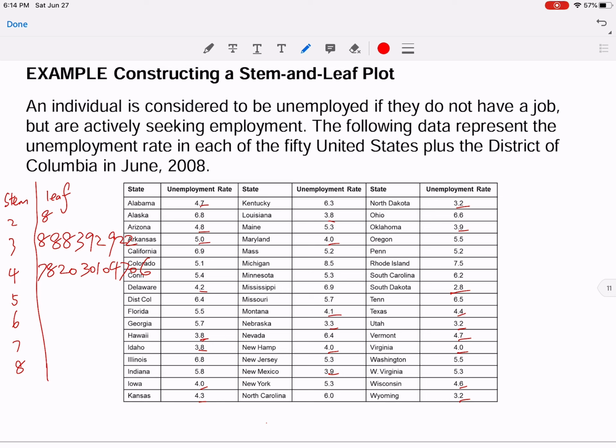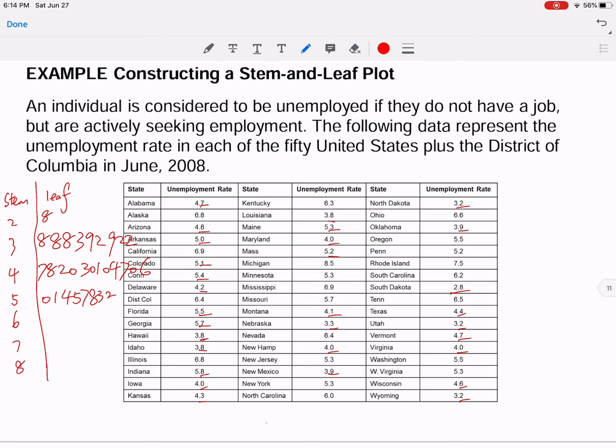We have a 0 first of all, and then 1, and then 4, and then 5, 5 over here, 7, and then 8, and then 3, and then 2. Let me rewrite this.